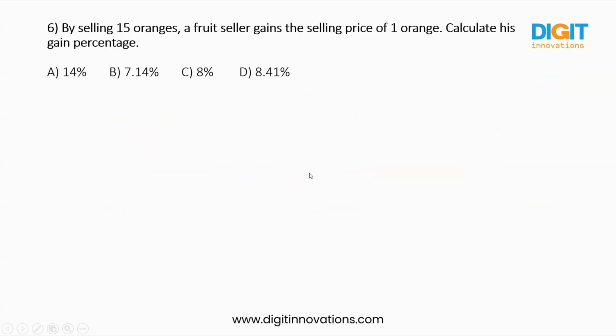So by selling 15 oranges, a fruit seller gains the selling price of one orange. Calculate his gain percentage. So I can use the discount formula here. The meaning of the question is, by selling 15 oranges, a fruit seller gains the selling price of one orange. So for example, let us think the cost of one orange is 1 rupee.